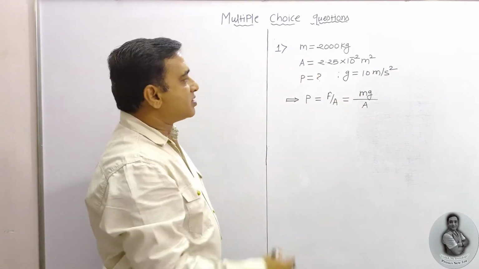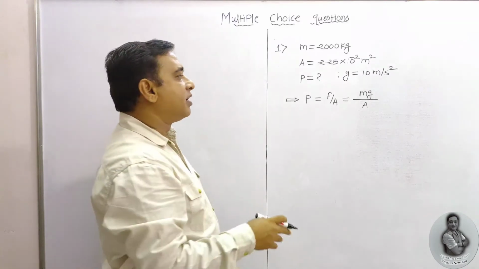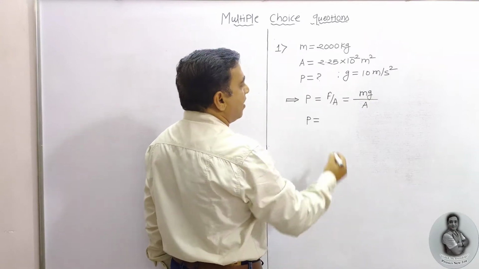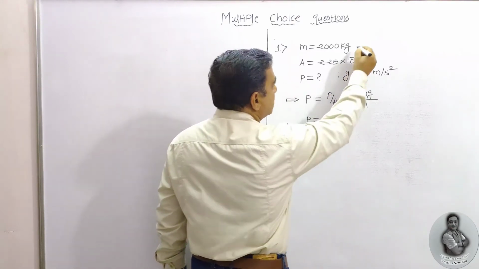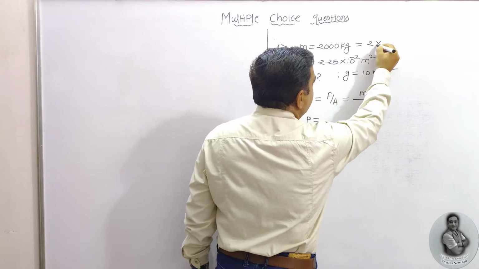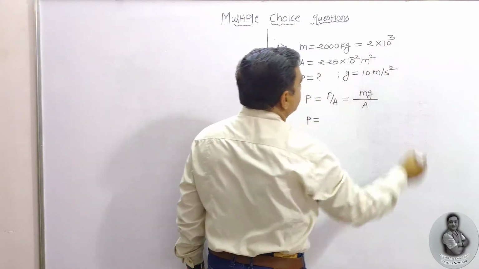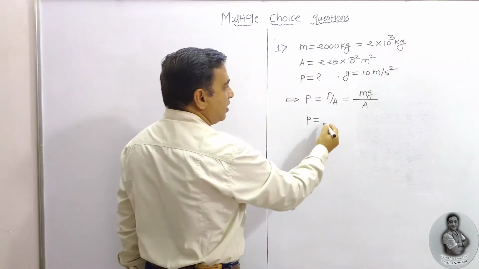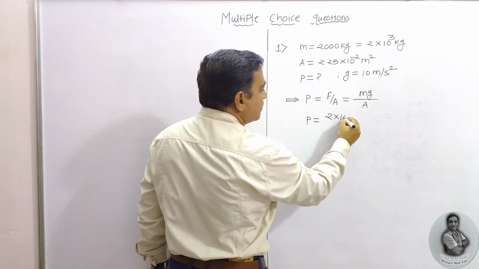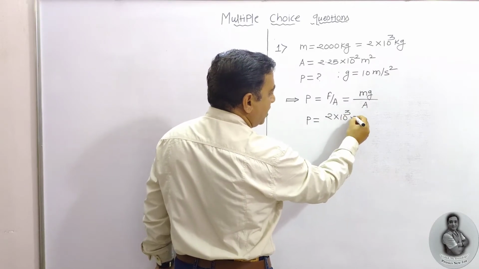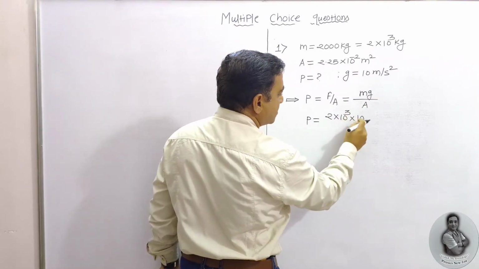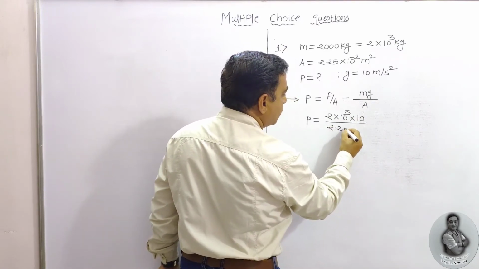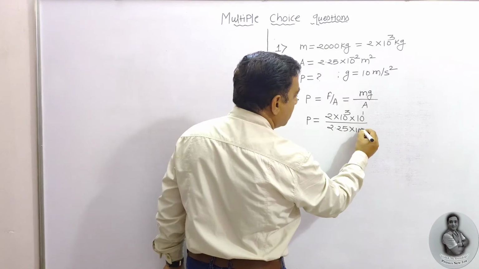Actually it is 9.8, but standardly while solving the MCQ we can take 10. So P is equal to m, that is 2000. 2000 can be written as 2 into 10 raised to power 3 kilogram, into 10, divided by 2.25 into 10 raised to power minus 2.